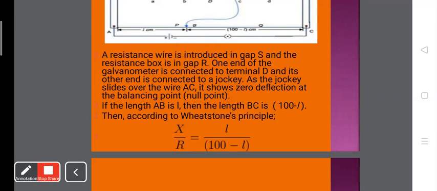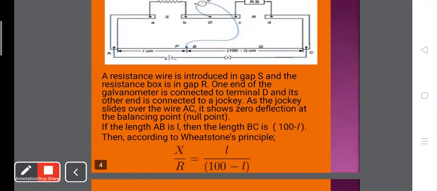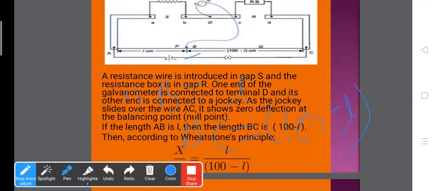Now according to the principle of the Wheatstone bridge, P upon Q equal to R upon S. Right?